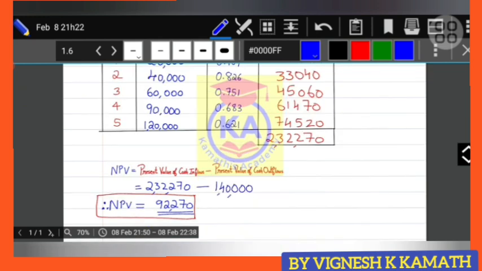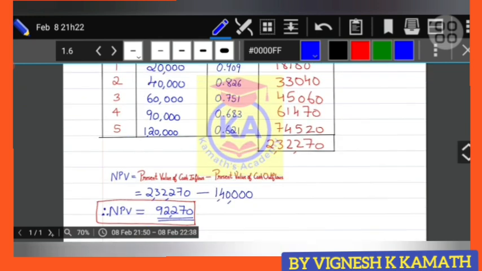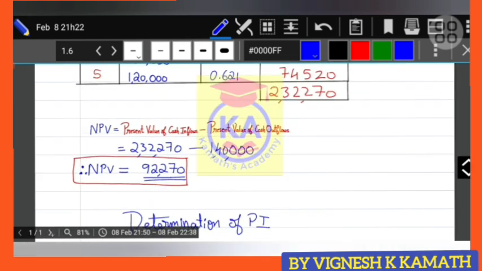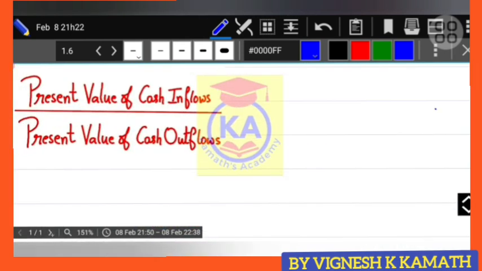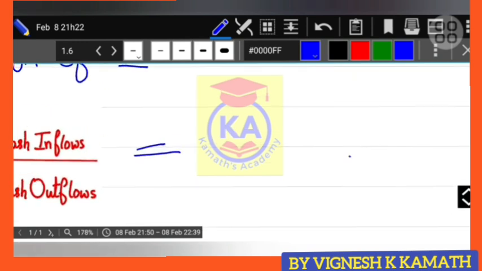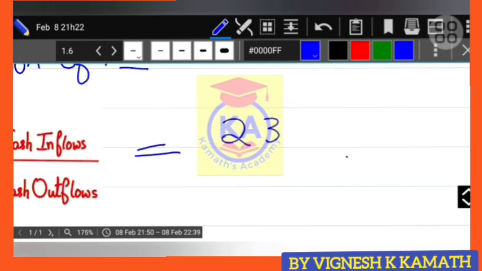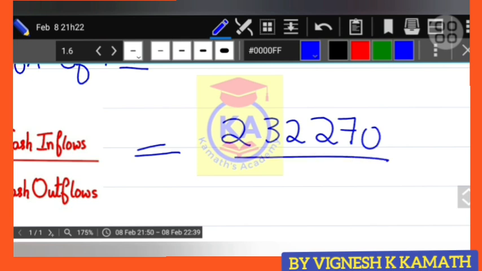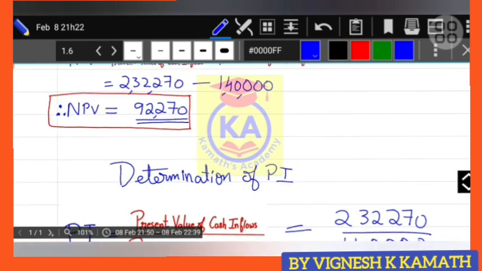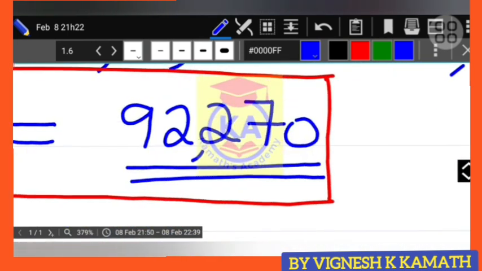See, we have got present value of cash inflows as 2,32,270 and cash outflow is 1,40,000. The same values are to be used here. Let me write here itself: 2,32,270 divided by 1,40,000. Here please don't forget to put the rupee symbol.